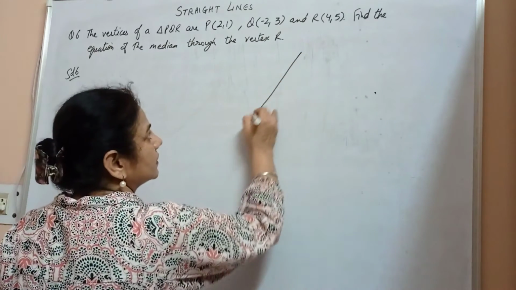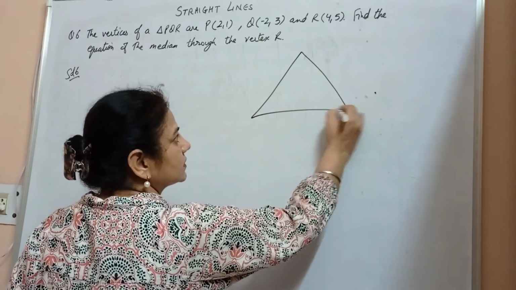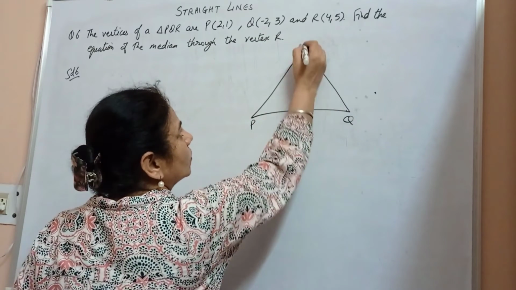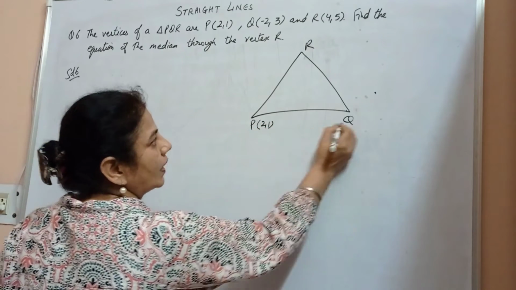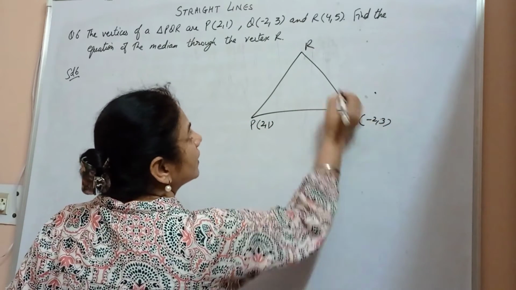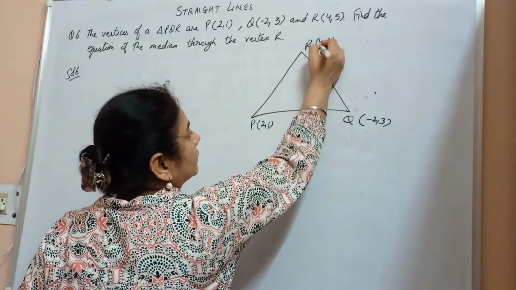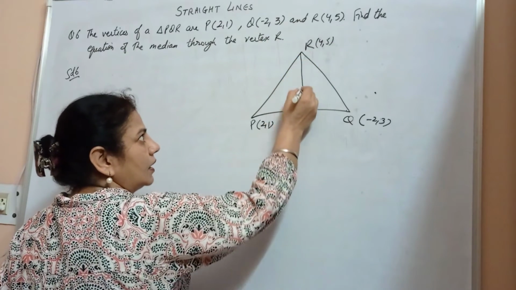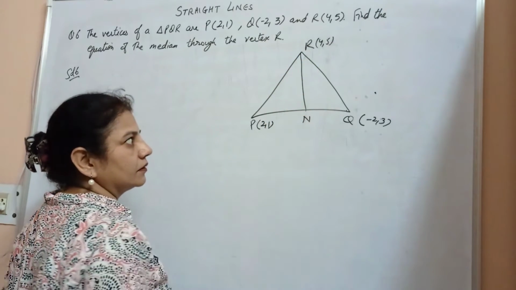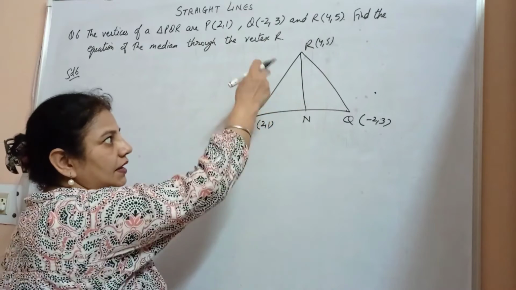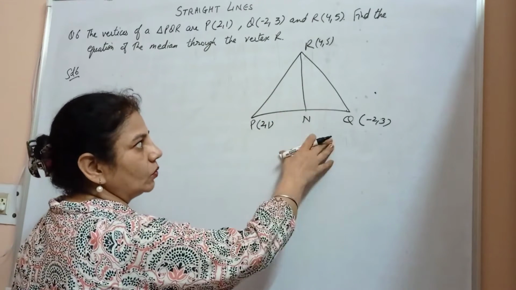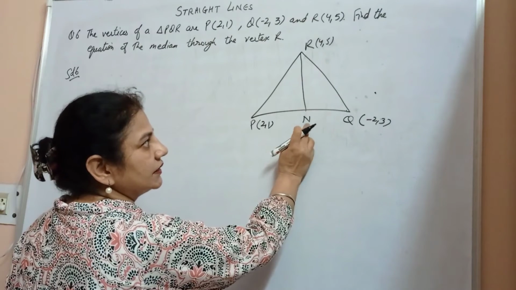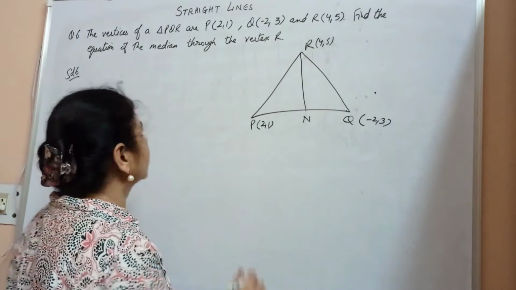Say PQR is a triangle with points 2, 1; minus 2, 3; and 4, 5. Draw RN, say RN is the median of the triangle PQR. So if RN is a median, then N is the midpoint of PQ.